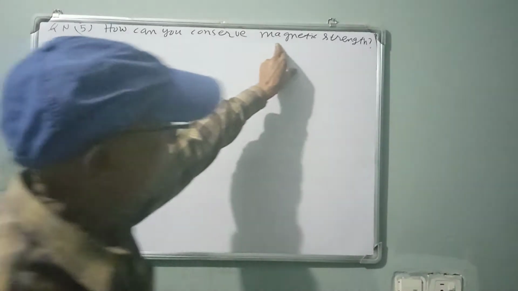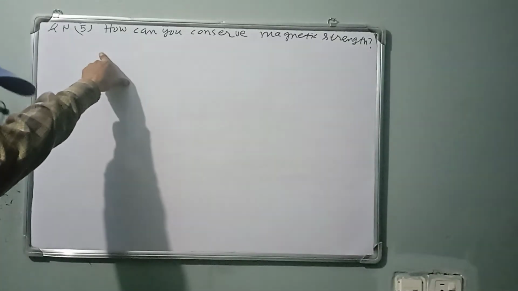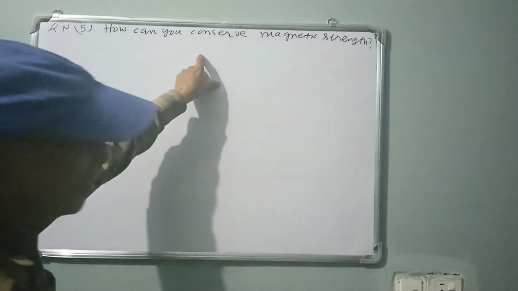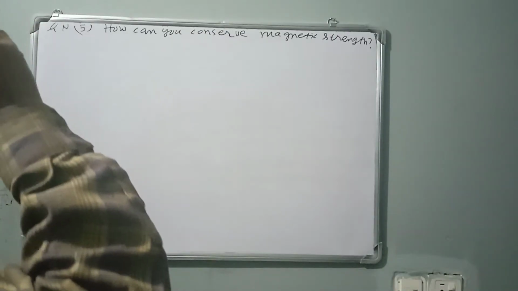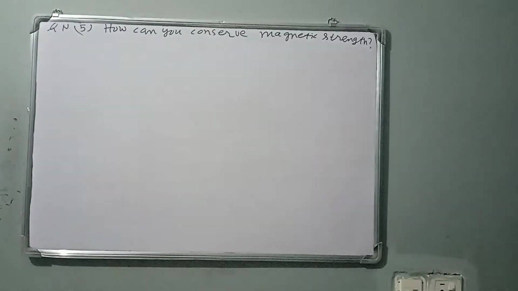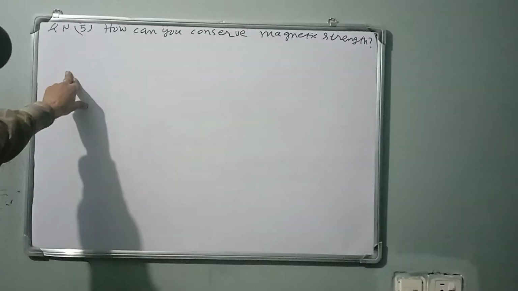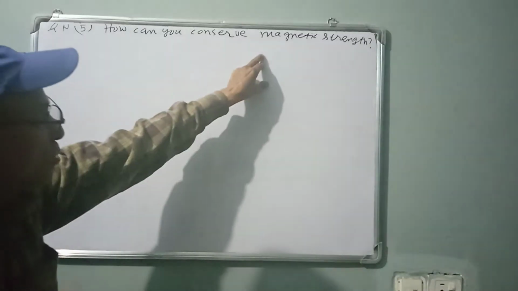We can conserve magnetic strength by the following ways: by not passing alternating current, by not touching light poles, by keeping magnetic keepers, by proper handling of the magnets, etc. What are the causes of demagnetization? You just remove those causes and you can solve the problem.